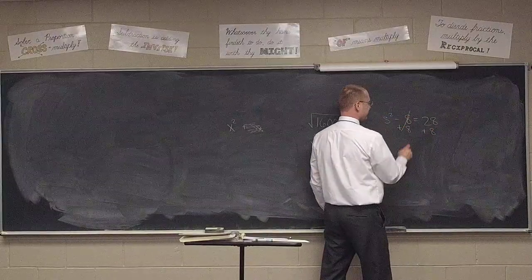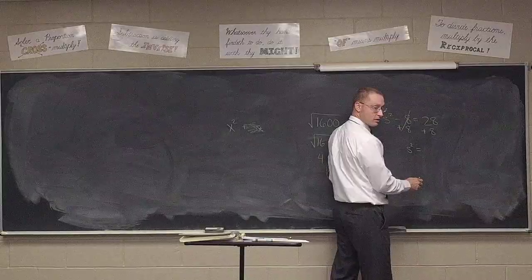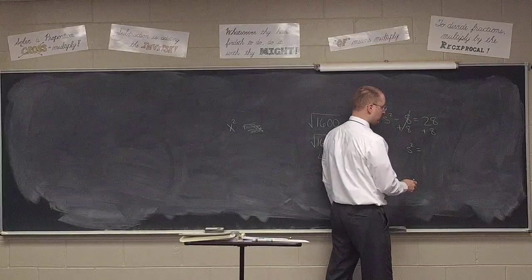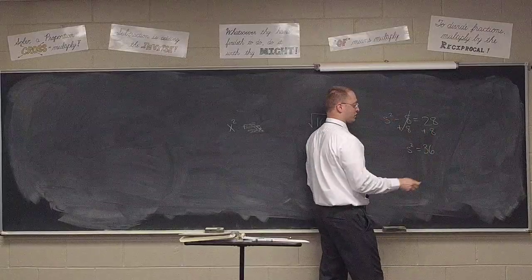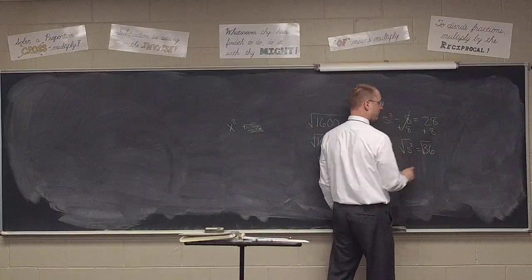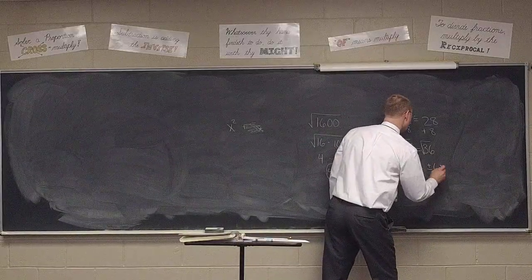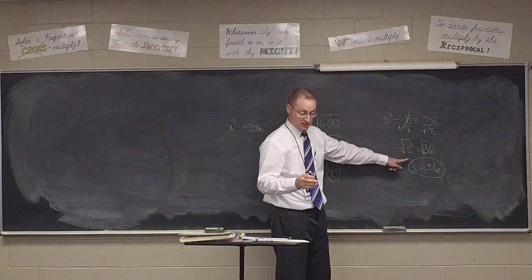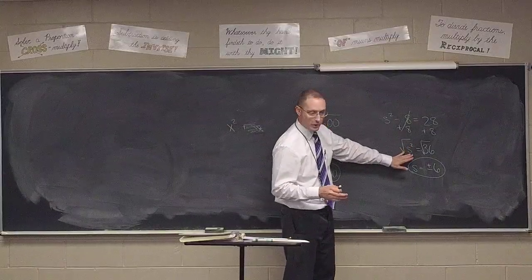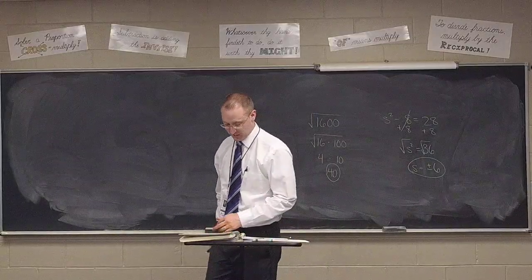Add 8 to both sides to get s squared equals 36. And then you could take the square root, now that the s squared is all by itself, to get s equals positive negative 6. Good. So you're going to isolate the squared variable, in this case the s squared, and once it's all alone, it's isolated, then we'll take the square root of both sides. Good job. Positive negative 6.